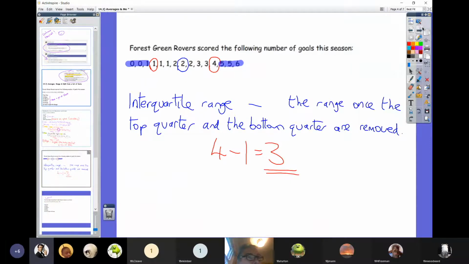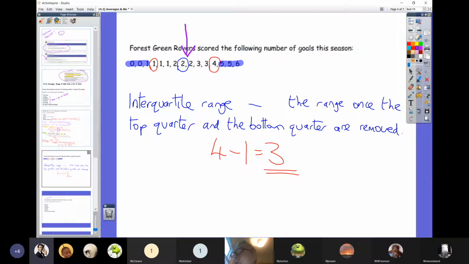So we want to break the data up into 4 quarters and then get rid of the lowest quarter, get rid of the highest quarter, and then take the range of what is left. So start off by finding the middle number, the median. The middle number here is the 2.